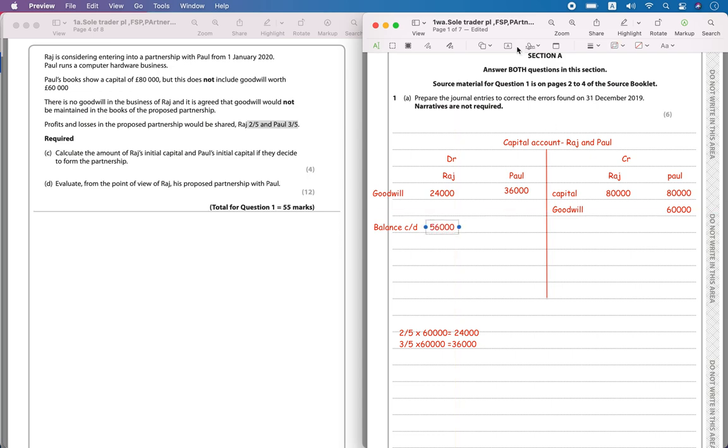And for Paul, it's going to be 140,000 minus 36,000, that is equal to 104,000.